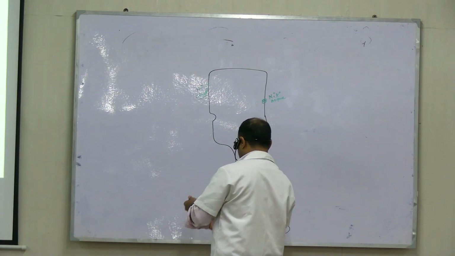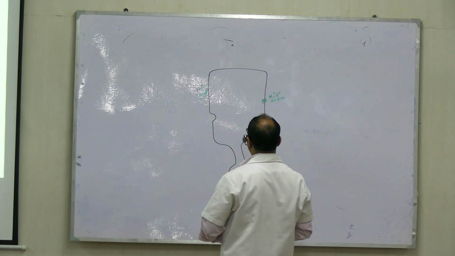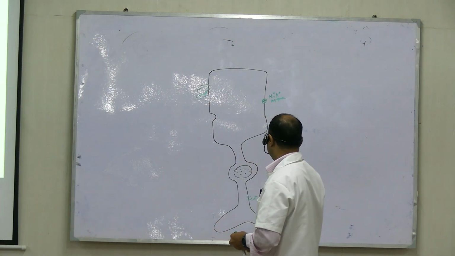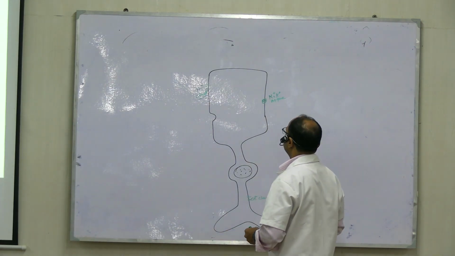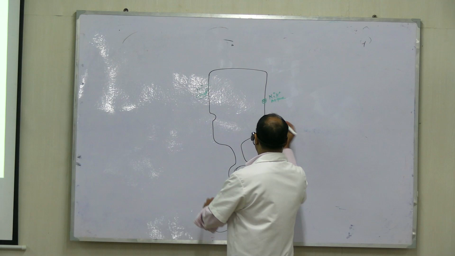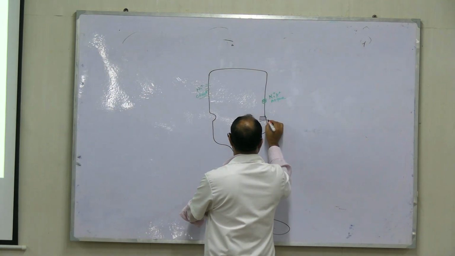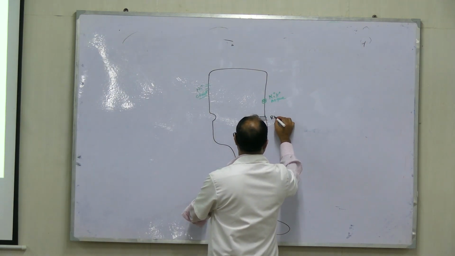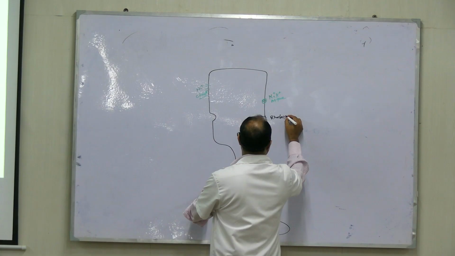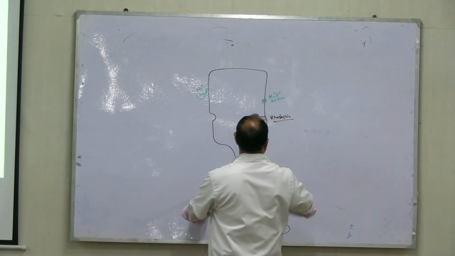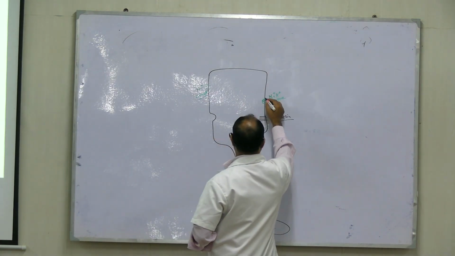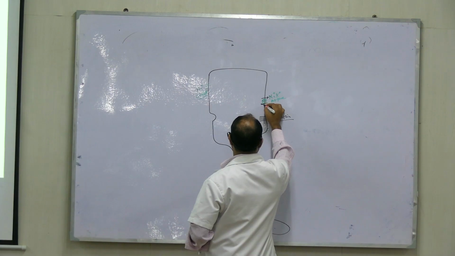So this is a rod cell diagram. Okay, this is the nucleus. Here we have rhodopsin. Here we have the sodium potassium ATPase pump.